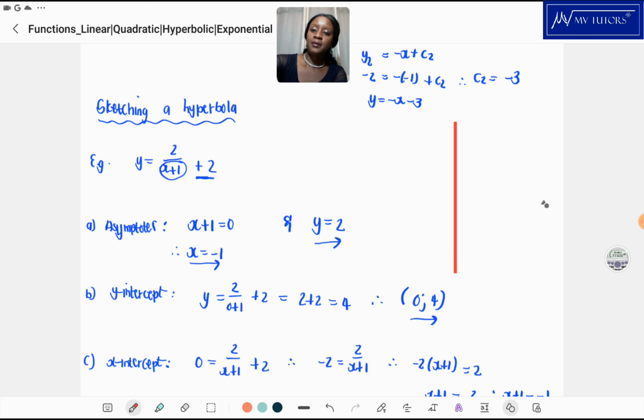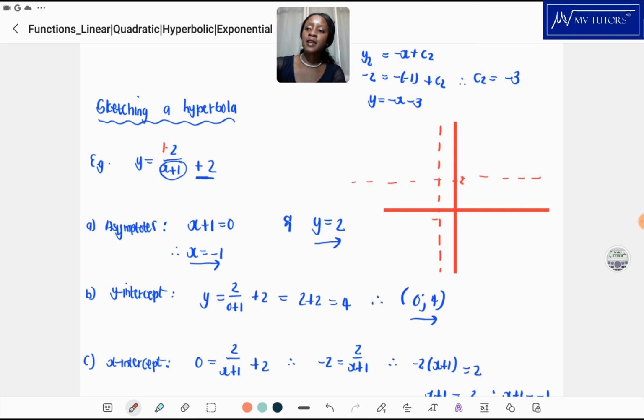So I have x is equal to minus 1. I would say that is minus 1 over here. So that is my asymptote. And y is equal to 2. I would say that's 2 over there. So that's my other asymptote.